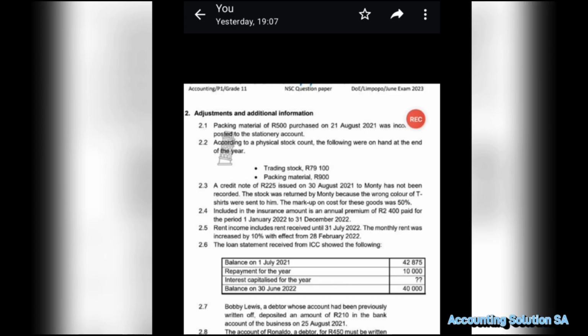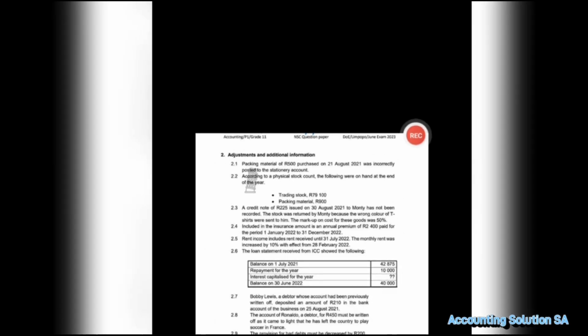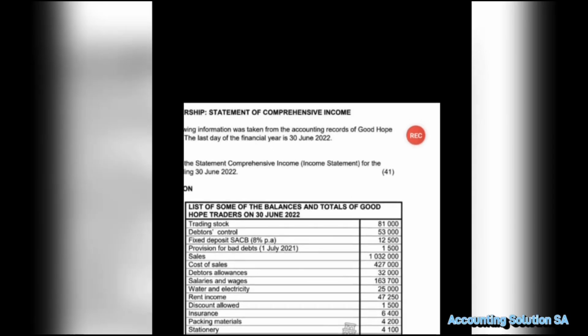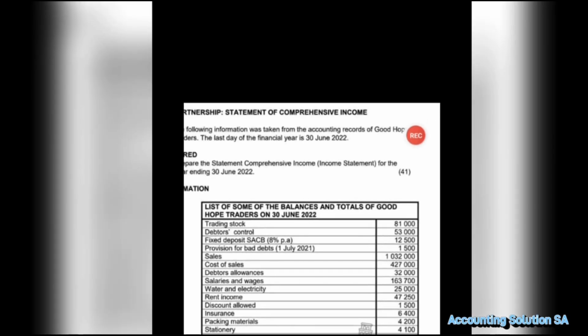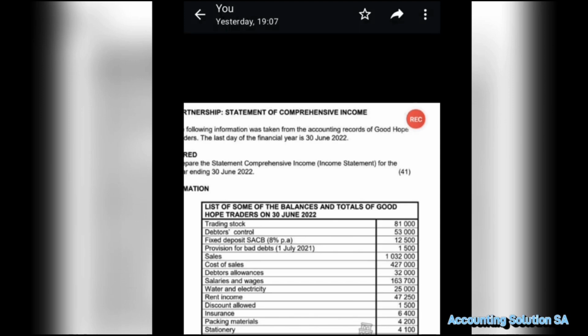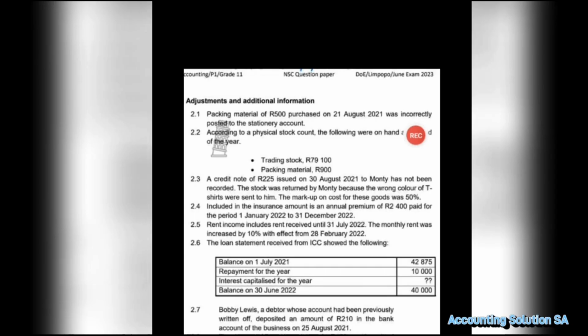Okay, so we have to get the amount before the rent increase, because the amount that we have of 47,250 has included the amount of rent increase and before increase. So this is what you need to do on your calculator. First, determine how many months before the rent increase.